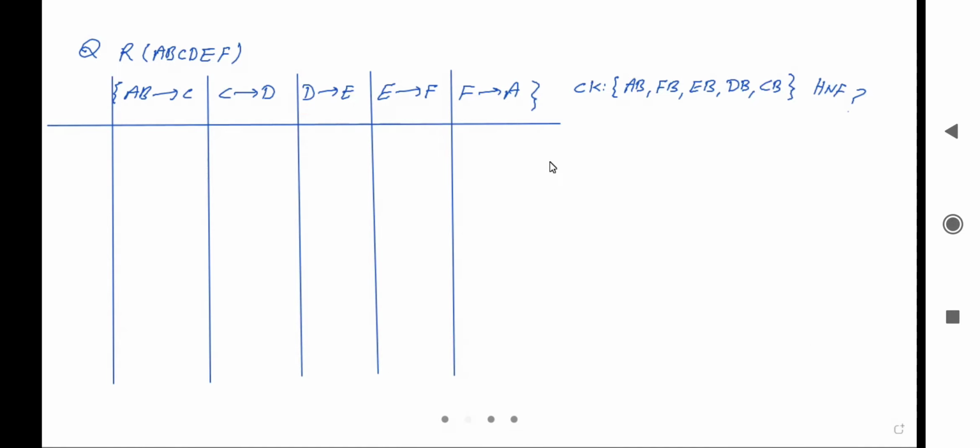Okay, what are the candidate keys? AB, FB, EB, DB, and CB.